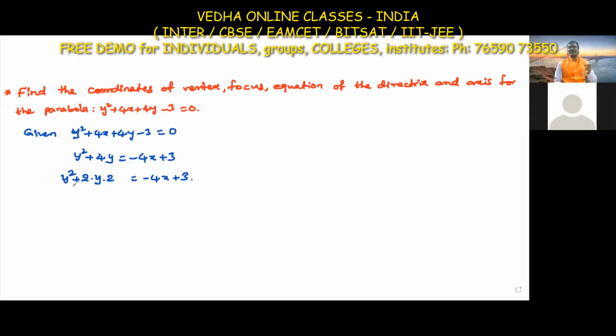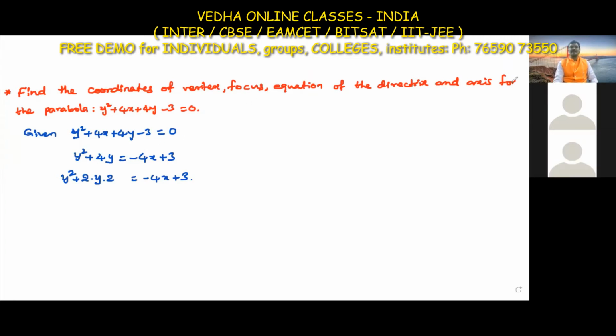Now observe carefully. This is in the form of a square plus 2ab. What is missing here? b square is missing. Either add and subtract the b square term, or add it on both sides.